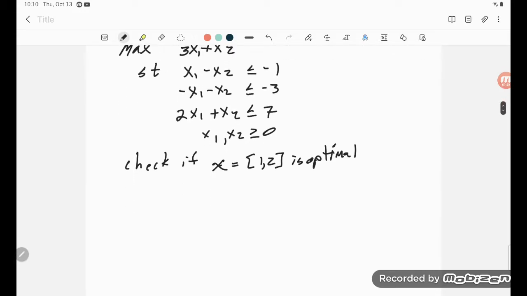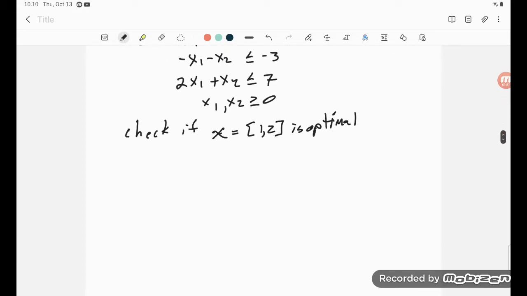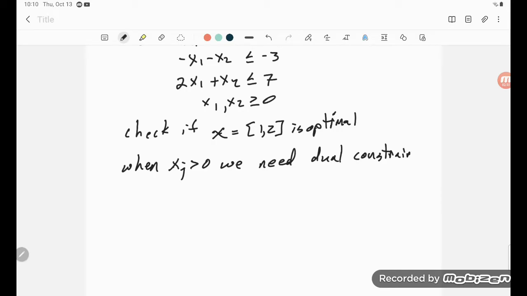Okay, so when xj is greater than 0, we need the dual constraint, the constraint that goes with that primal variable, tight.